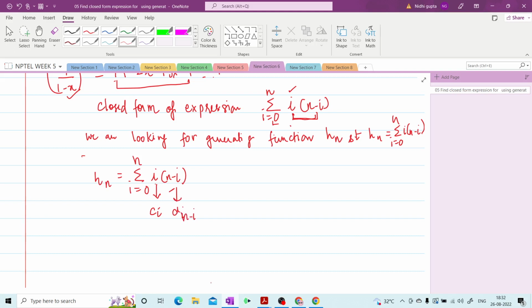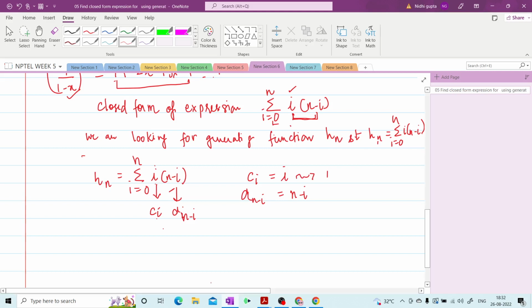We are trying to find a power series whose nth coefficient is this, and it is coming out to be a product of power series where Ci is i and Dn minus i is equal to n minus i.